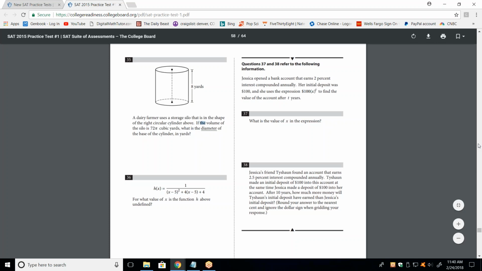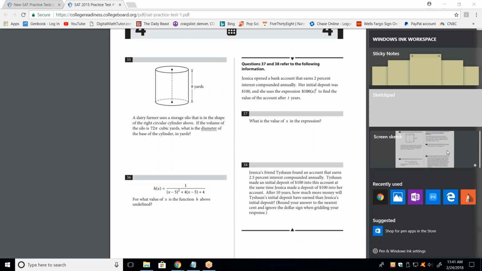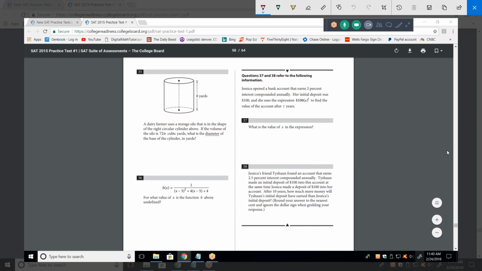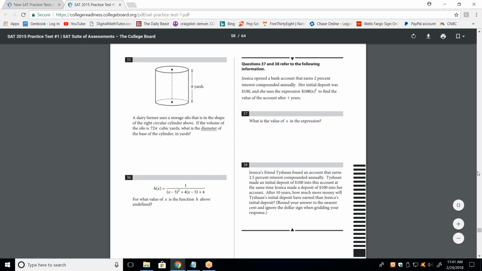Know how they got the volume. Exactly. What's the formula for volume of a right cylinder? You know what it is? I don't. Okay, if you don't know what it is, do this.